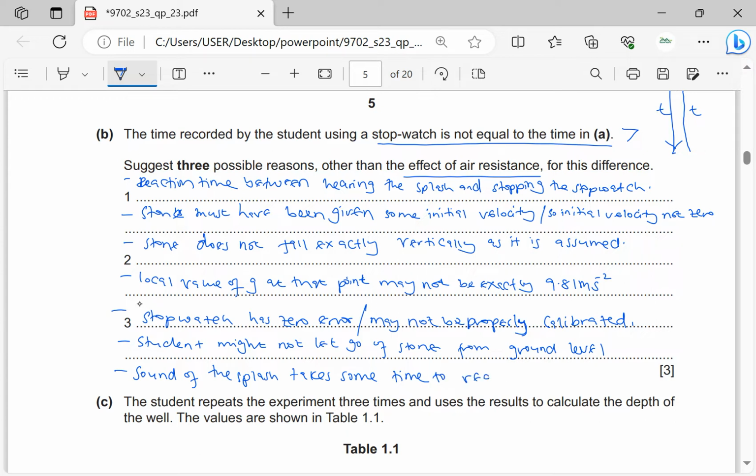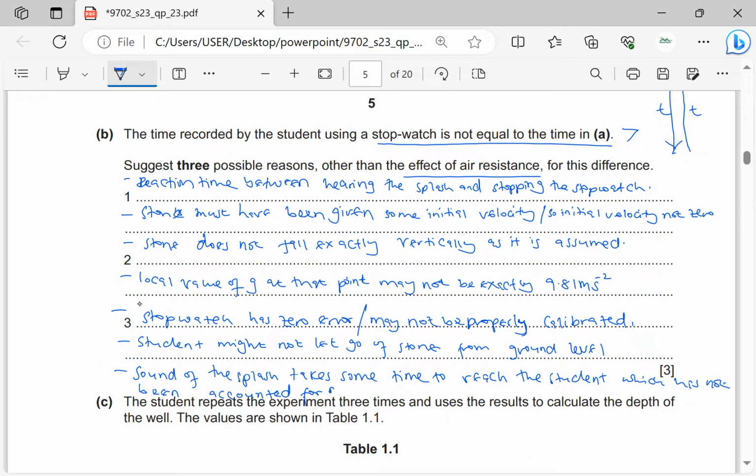The sound of the splash takes some time to reach the student, which has not been accounted for. So in calculating the time, we do not account for the fact that the sound will also take some time to reach the student.